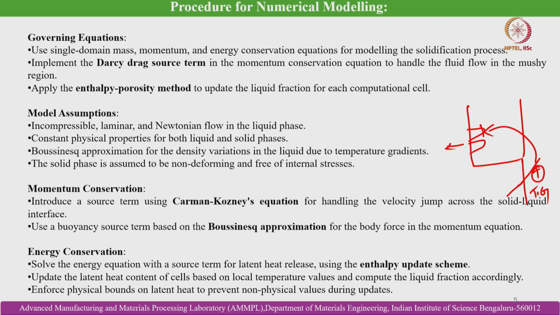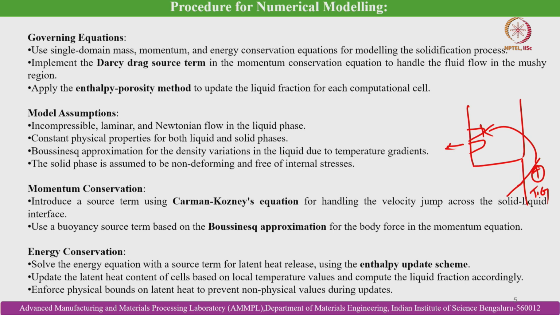So these are the model assumptions. After that, the momentum conservation. Introduction of a source term using the Carman-Kozeny equation can be done to handle the velocity jump across the solid liquid interface, and a buoyancy source term can be implemented in line with the Boussinesq approximation for the body forces in the momentum equation. So this is the treatment of the momentum conservation, and after that the treatment to be followed in case of energy conservation.